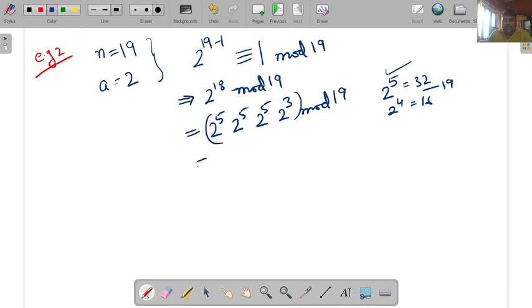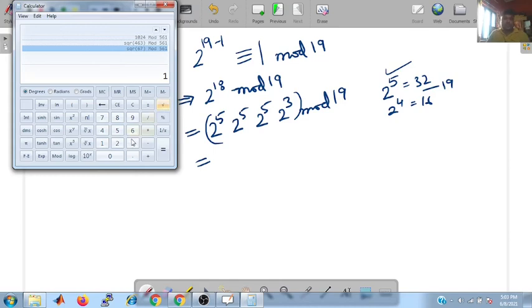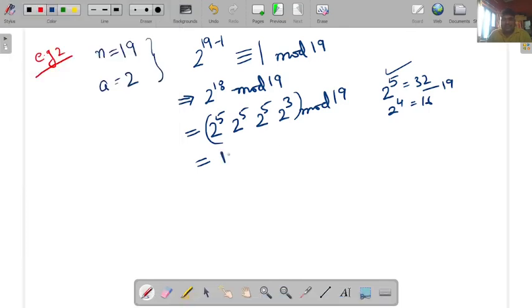With modular arithmetic, 32 mod 19 is 13, so 13 times 13 times 13 times 8 mod 19.